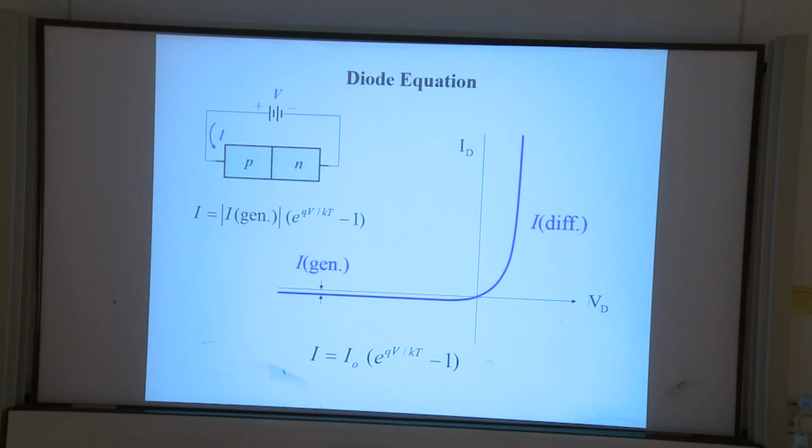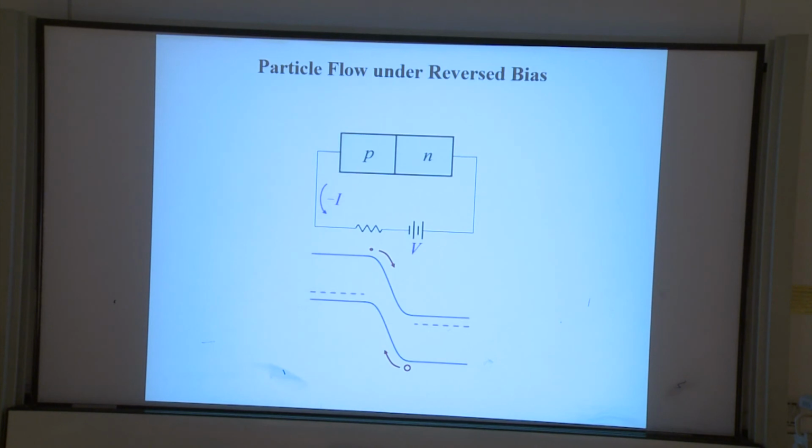Since for a photodiode we are not operating at very big reverse bias, we are only concerned about the voltage near zero. And this is the equation for the diode. Now, this is the Venn diagram for a reverse biased PN junction, right?